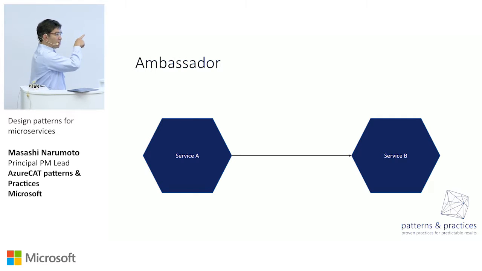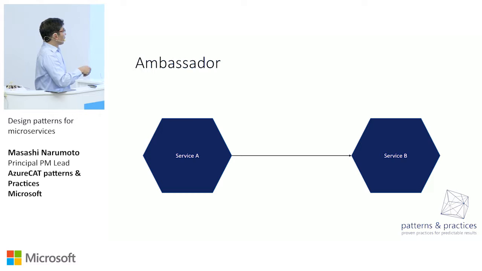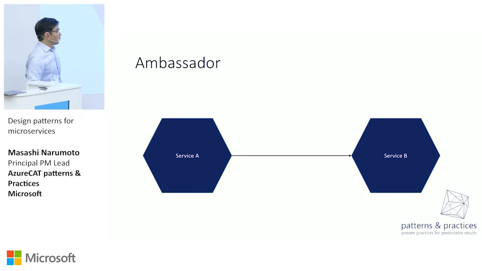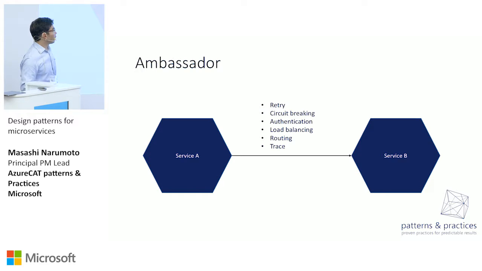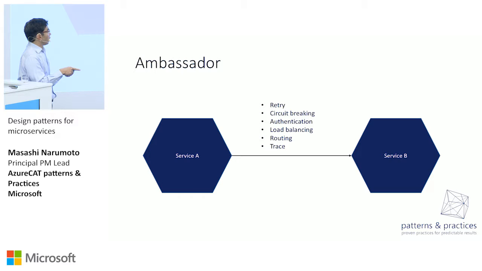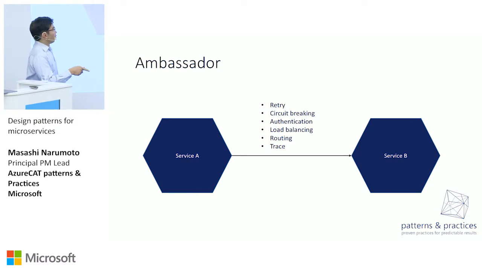An ambassador is a special form of Sidecar. So service A calls service B. But it's not that simple, right? When you call service B, you have to think about those things. Something bad happens, you have to retry that operation, or something keeps failing, you may have to circuit break those calls.